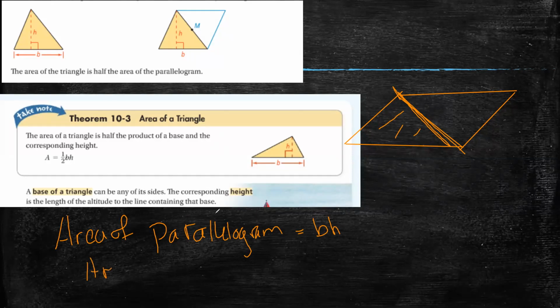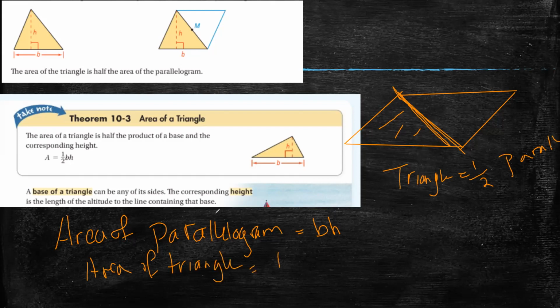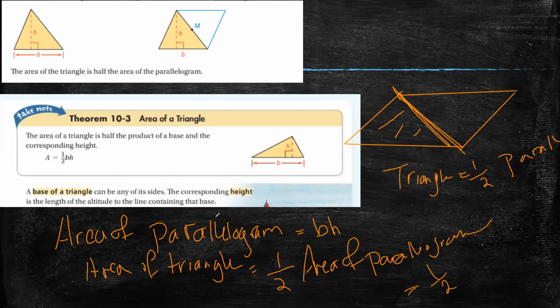So the area of the triangle is half the area of the parallelogram, which is half, and the area of the parallelogram is b times h. So because of that, the area of the triangle is half bh.